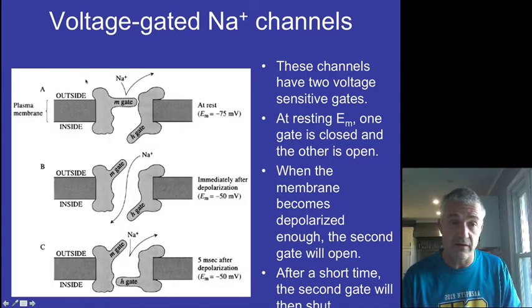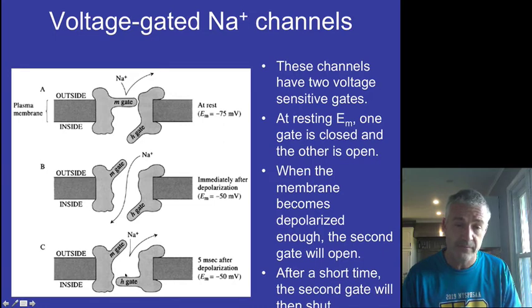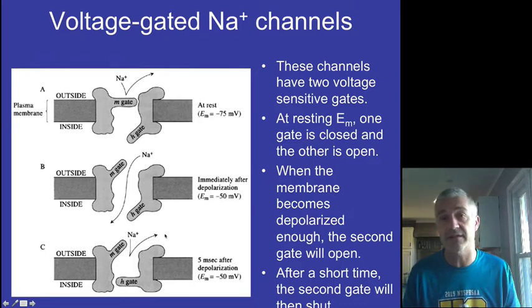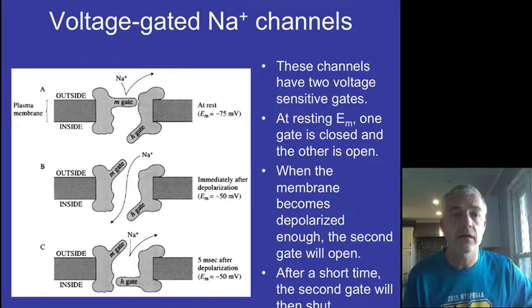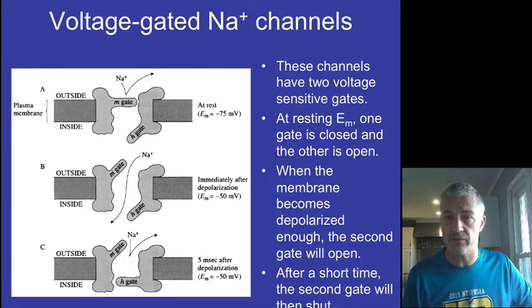So again, you see here at rest, the activation gate is closed, inactivation gate is open. We reach threshold, sodium can flood in. We then have, after 5 milliseconds, that inactivation gate closing to stop that, and then again it's going to reset for the next action potential that could be going through.